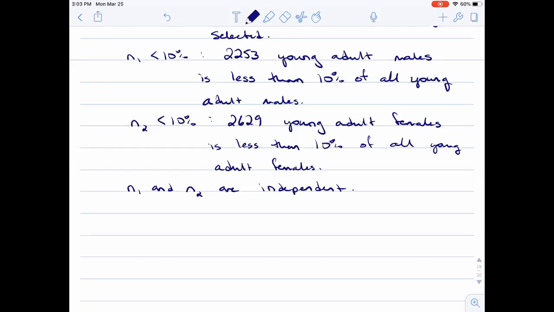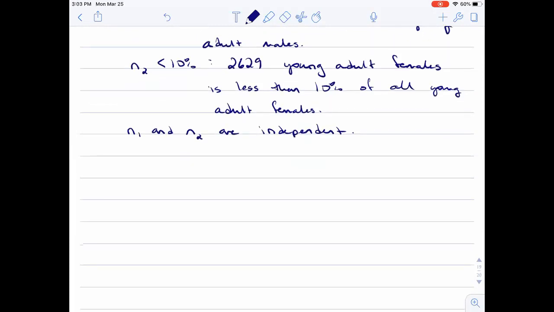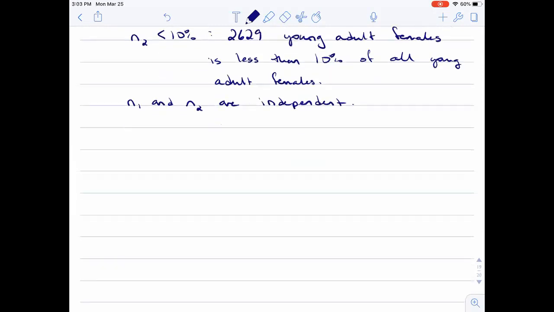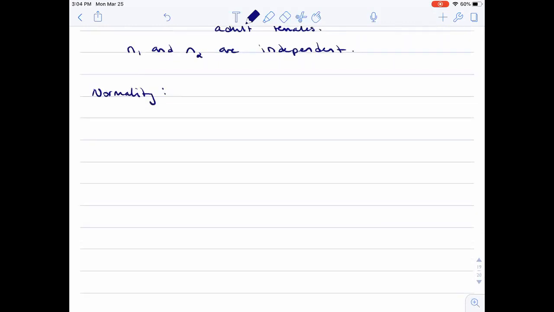Okay, moving on to our normality conditions. Now we've checked the first chunk that we always check, regardless of whether we're doing a hypothesis test or a confidence interval. For hypothesis testing, we have to check that n1 times p hat is greater than 10.